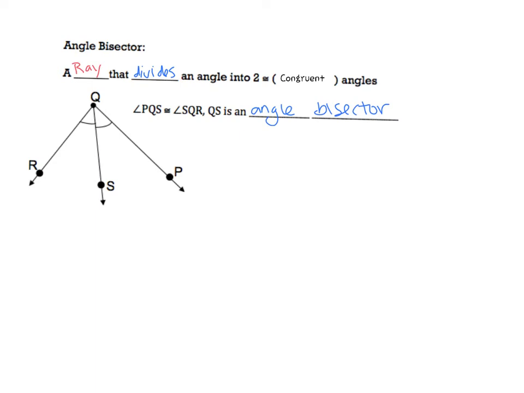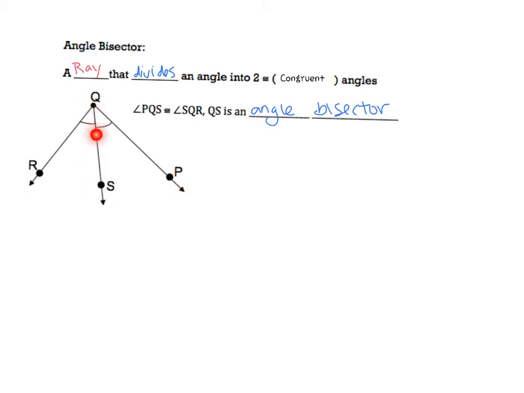All right, now let's talk about angle bisector. Now, a bisector is very important to remember that it basically cuts something into two congruent pieces. So, an angle bisector is a ray that divides an angle into two congruent angles. So, in this picture here we have angle RQP, and then we have ray QS.